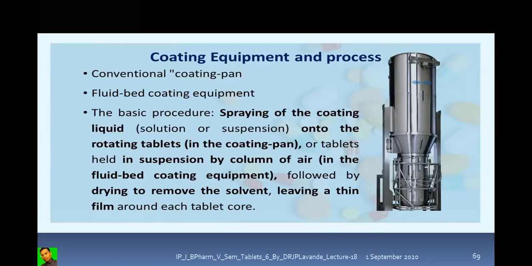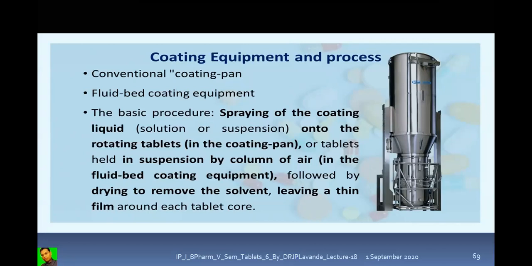The conventional coating pan, as we saw, is a perforated pan associated with assemblies of air inlet, air outlet, spraying devices and so on. In addition to that, there are some modified equipment called the fluid bed coating equipment, as you can see.